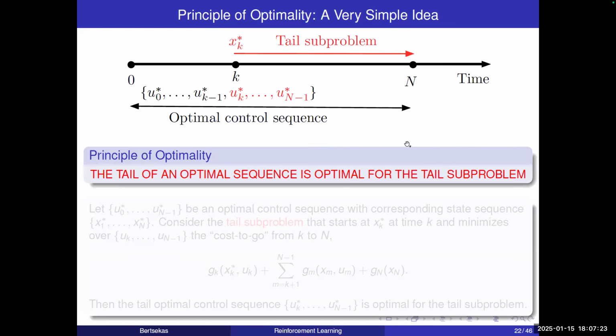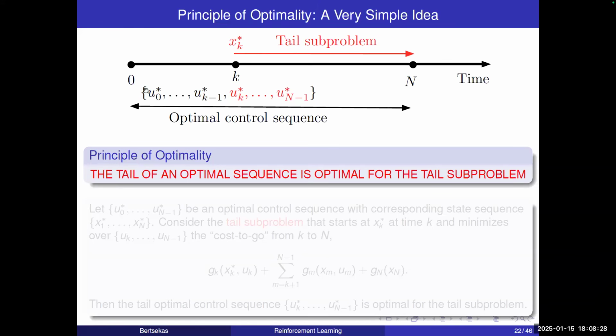Why? If we provide a mathematical argument, it will be by contradiction. Suppose that starting from xk star, our optimal control sequence is different from the tail portion of the original optimal control sequence.